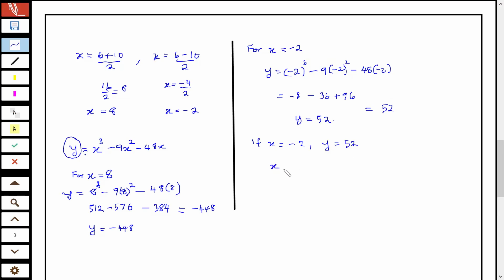And if x is equal to 8, then y will be equal to negative 448. So these values are the coordinates of the turning points.